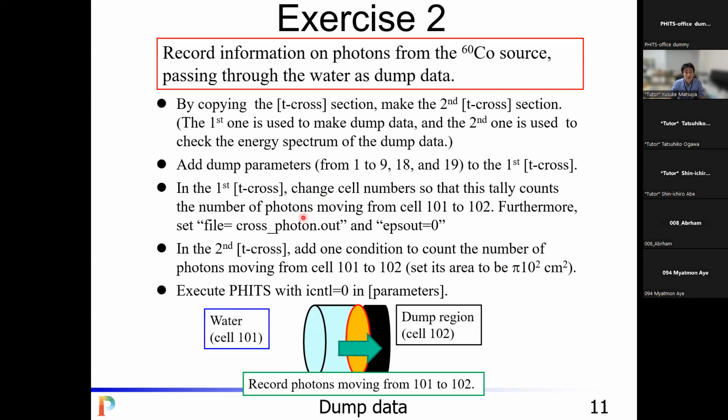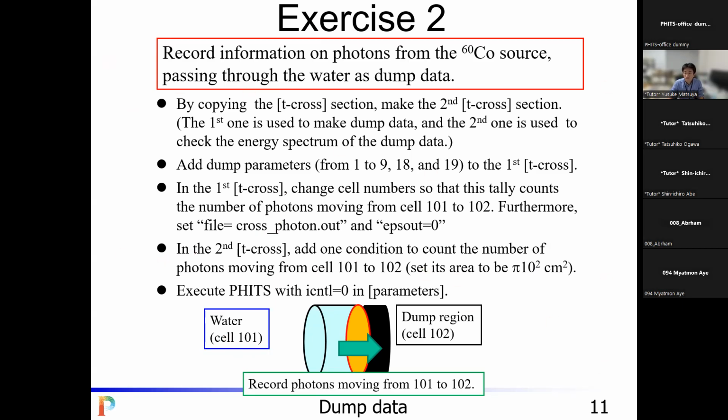Next, in this exercise number 2, we will record information on photons from the cobalt-60 source passing through the water as dump data. Okay, what we have to do is five steps described below.